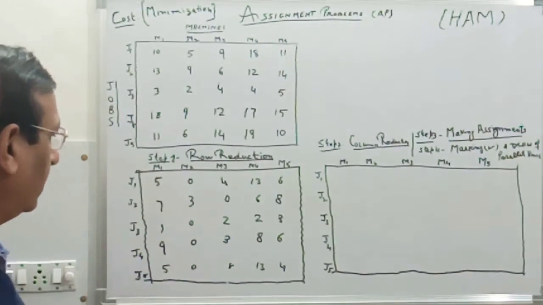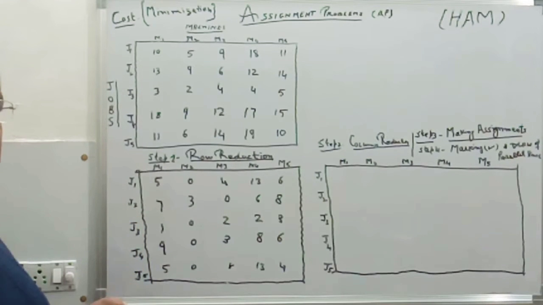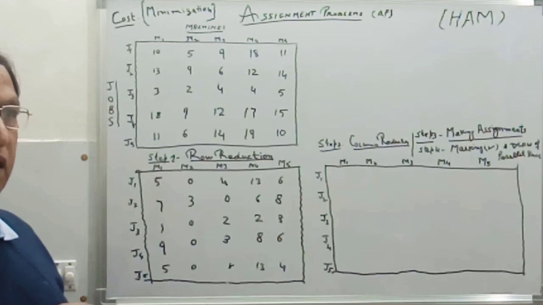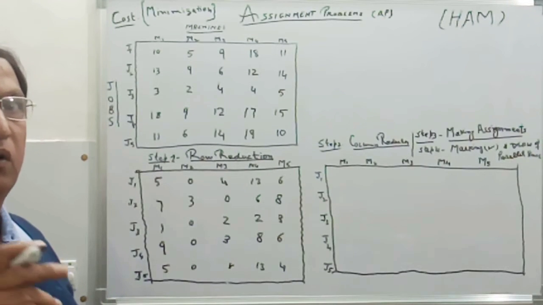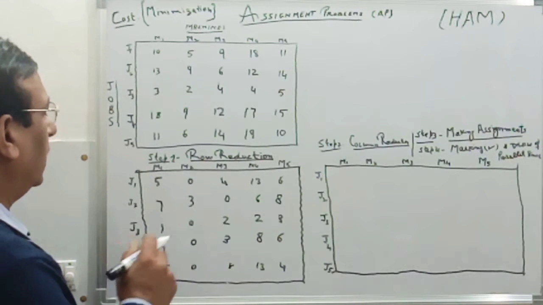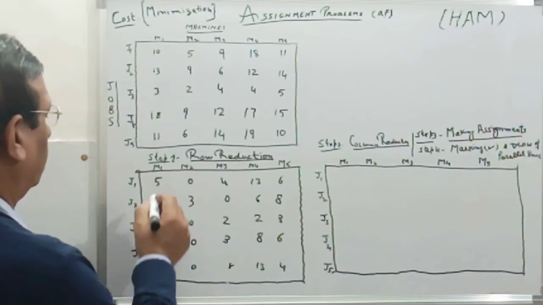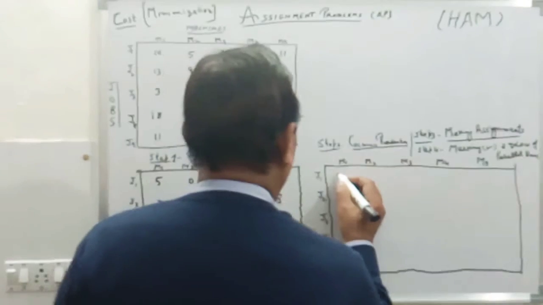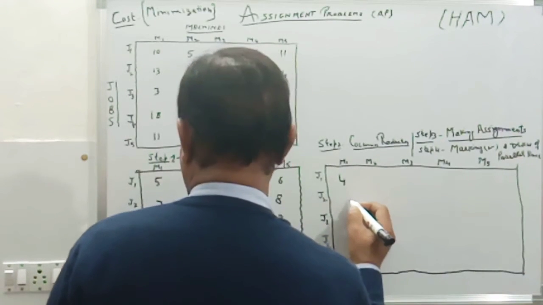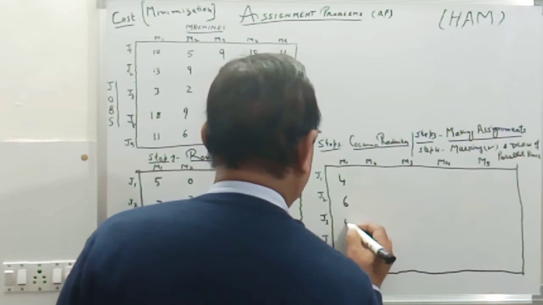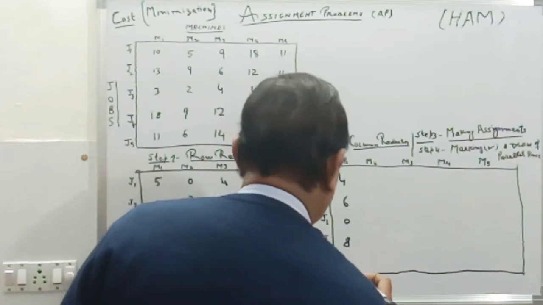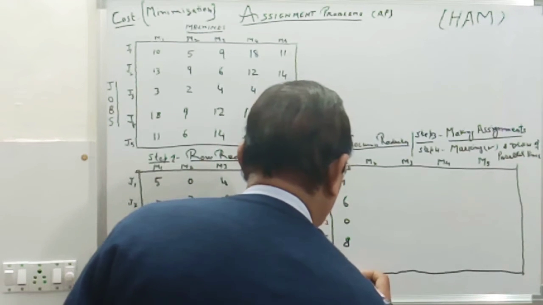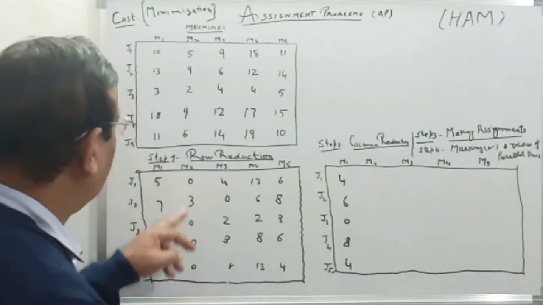After row reduction, come to the column reduction in this table, not here. In this table, find again the minimum element in each column and subtract that minimum element from all the elements of that column. So here the minimum is 1. So it is 4, 6, 0, 8 and 4. Here it is already 0.